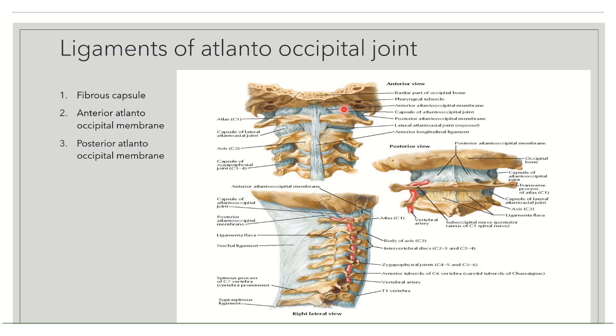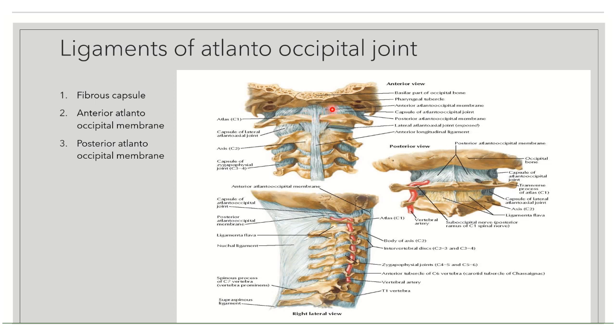Then the other ligament, which is the anterior atlanto-occipital membrane. This one extends from the anterior margin of the foramen magnum to the upper border of the anterior arch of C1, that is the first cervical vertebra.